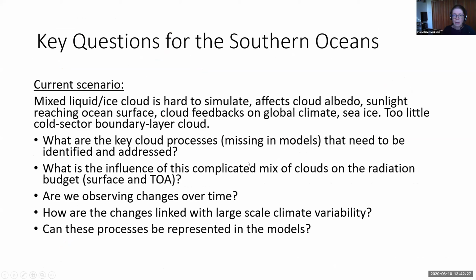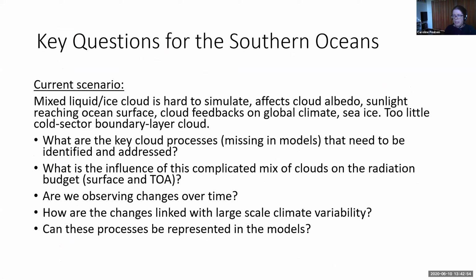Okay, so what are the key questions that we hope to address, these big questions? So this is the current scenario. We have lots of mixed liquid ice cloud. It's very difficult to simulate, but it really affects the cloud reflectivity, the albedo, sunlight reaching the ocean surface, the cloud feedbacks on global climate and sea ice, and we have problems with boundary layer cloud as well.